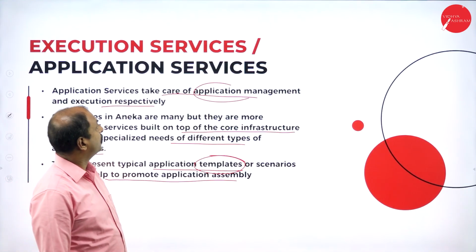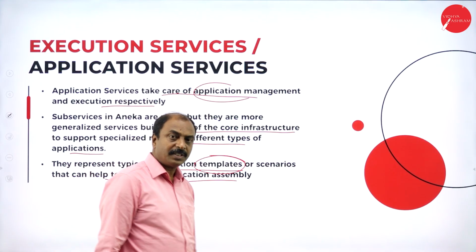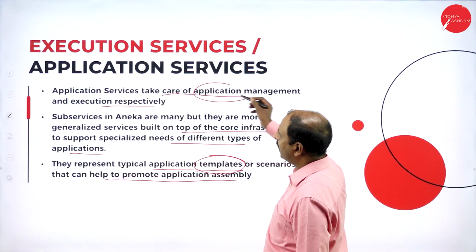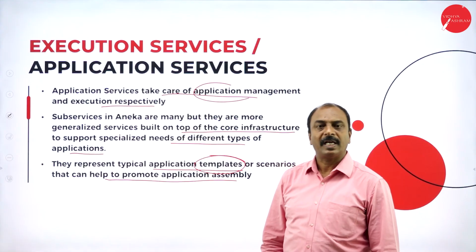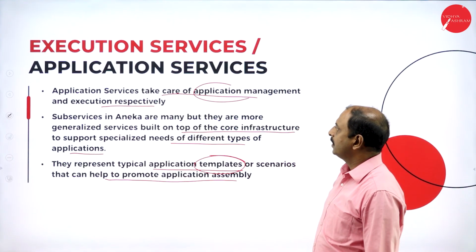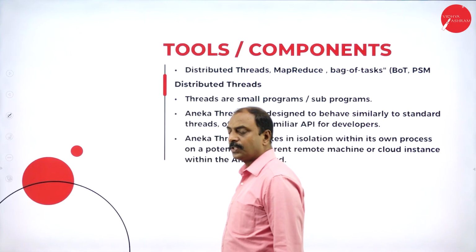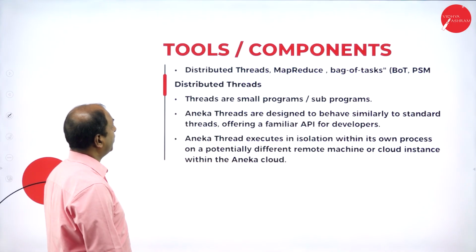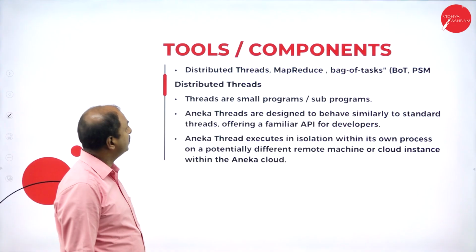So the application services contain many templates, which promote application assembly. The main function of the application service is to manage and execute different types of applications for the clients or users. In the next slide, we will see the different tools or components of application services.